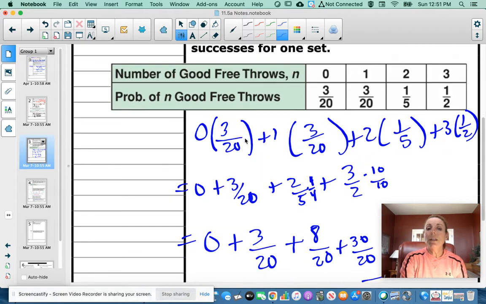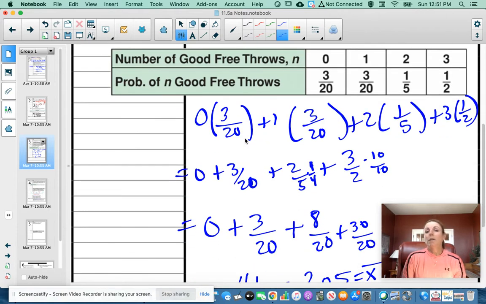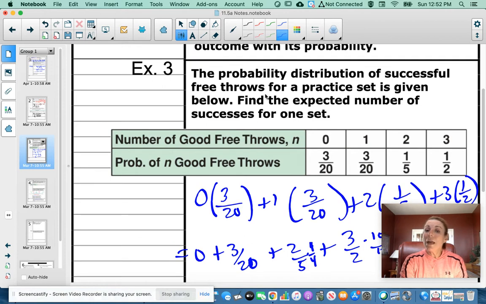When you're given the number of successes, in this case, good free throws, and you're given the probability of that happening, all you have to do is take the number times its probability. We're not going to then divide by the number again because that's kind of defeating the purpose of finding a weighted average. If you're given the probability of that occurrence happening, take the number times its probability and add them all together.